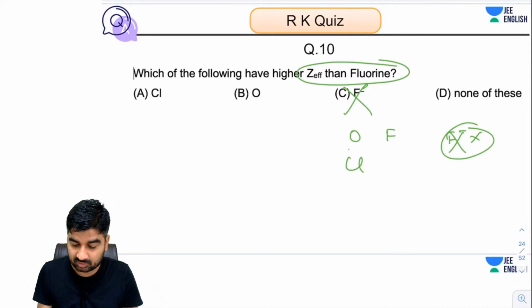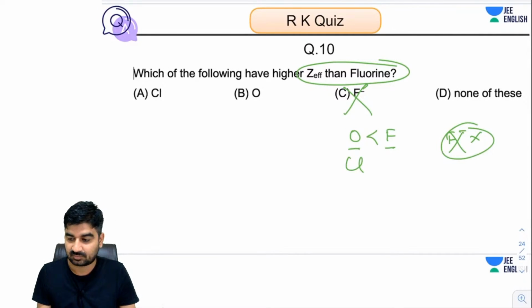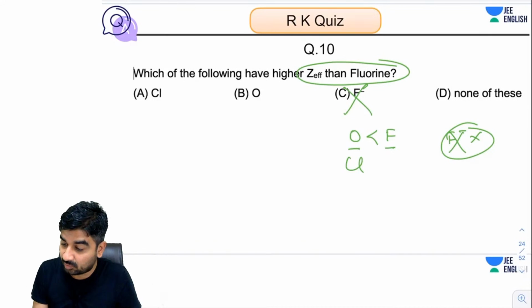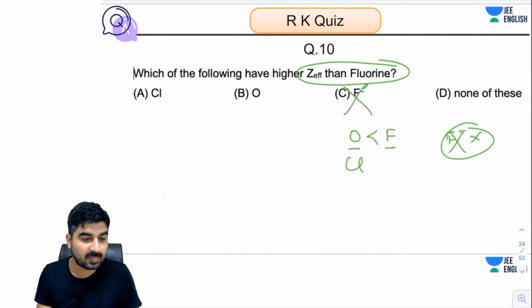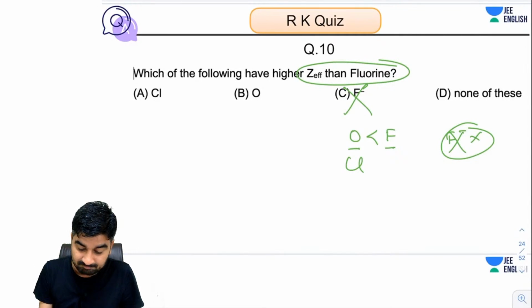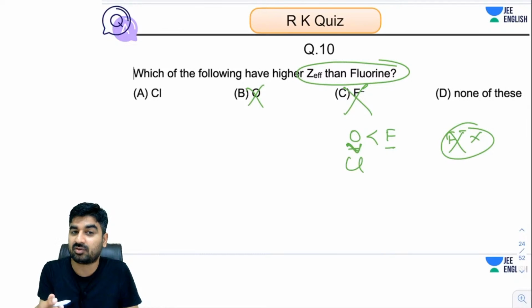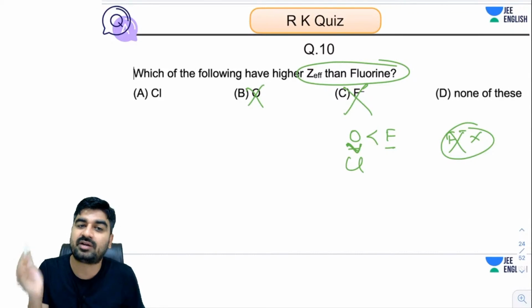Between fluorine and oxygen, fluorine is higher. So again, this cannot be the answer. Between oxygen and chlorine, Z effective of oxygen will be higher because oxygen belongs to the second period and chlorine belongs to the third period.